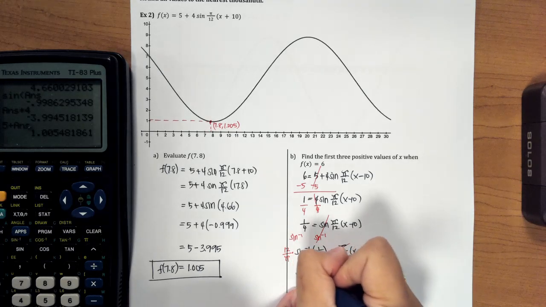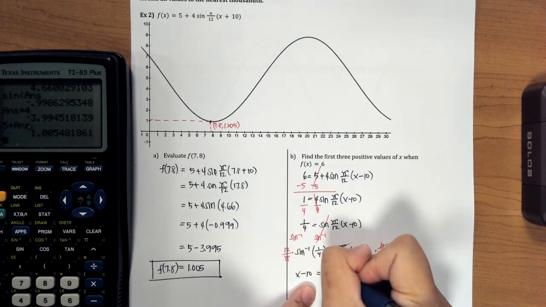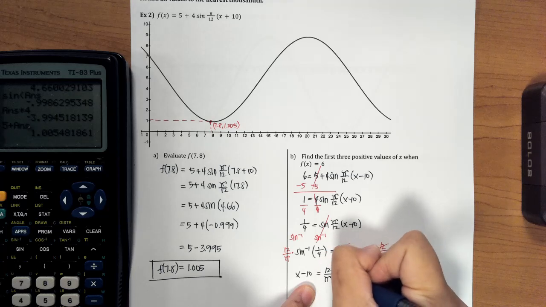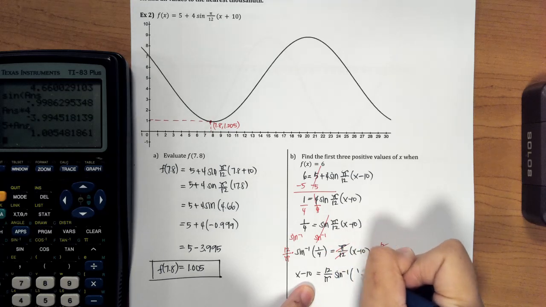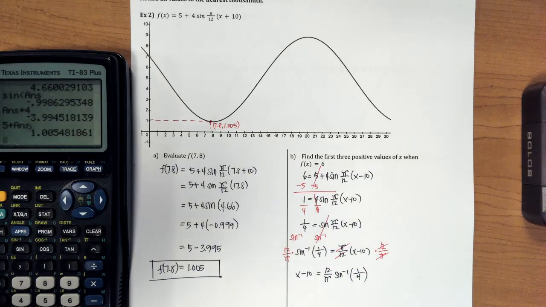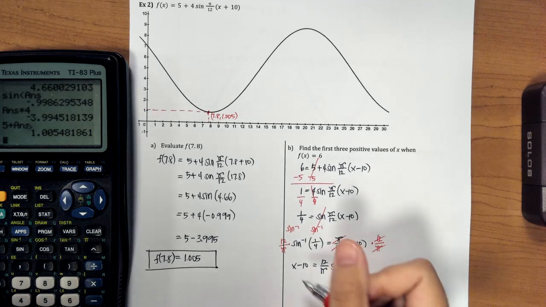And I have x minus 10 equals 12 over pi sine inverse of 1 over 4. Okay, I'm going to add 10 on both sides, and we have x by itself.